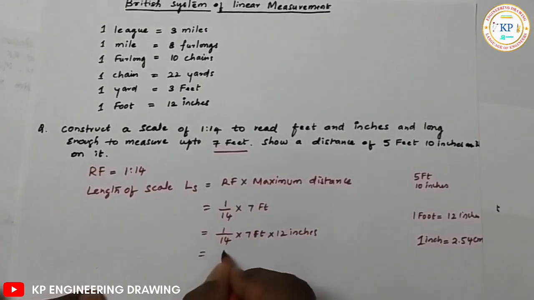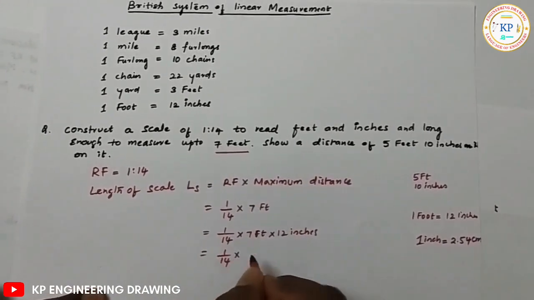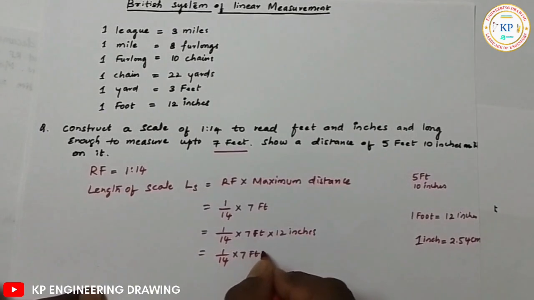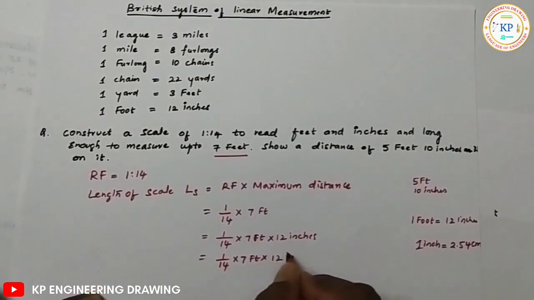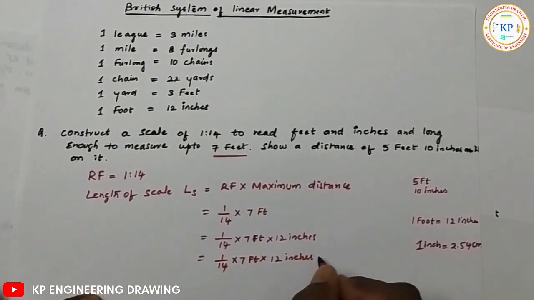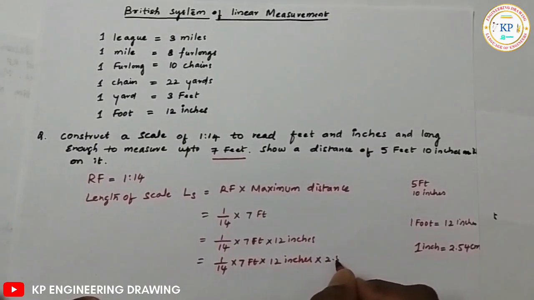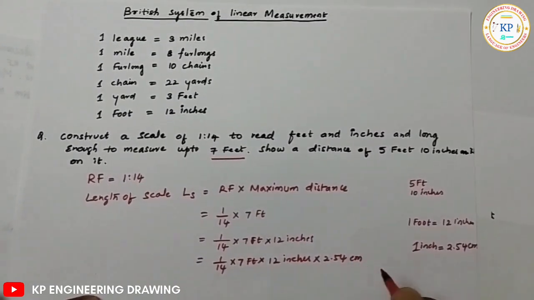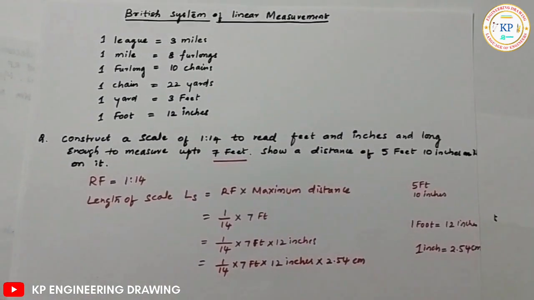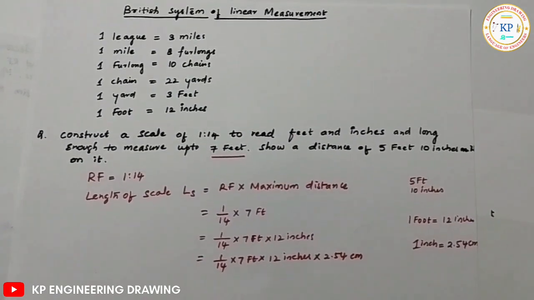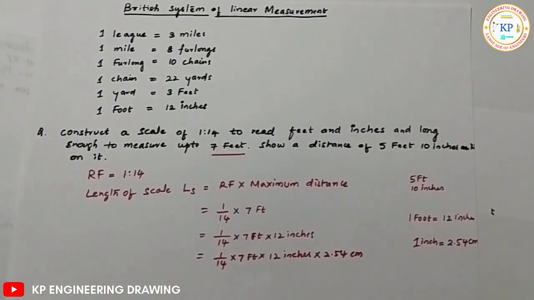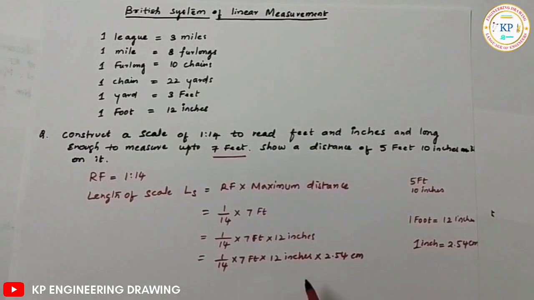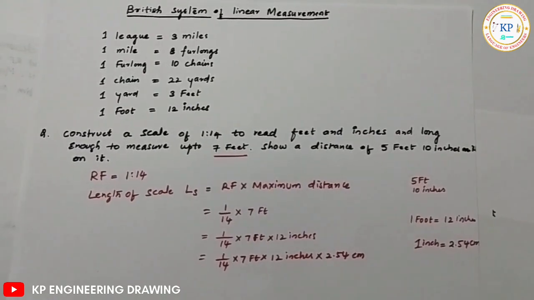So we can write this as 1/14 into 7 feet into 12 inches into 2.54 centimeters. Why? Because we have to convert these values into centimeters, because the length of scale should always be in centimeters.